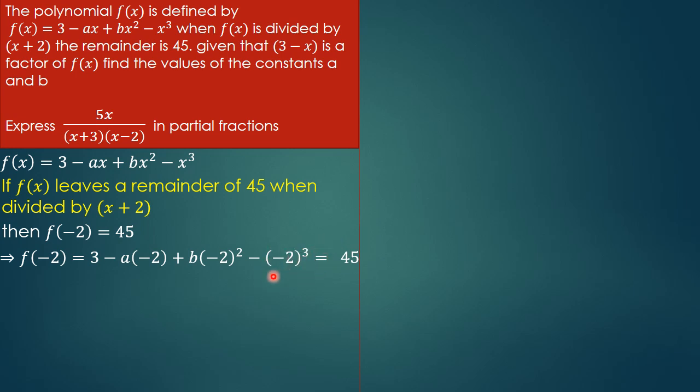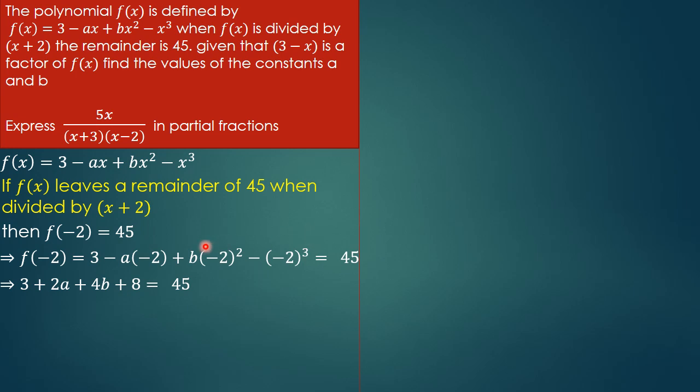If we simplify further, we are going to have 3 plus, now if we take negative a and multiply by negative 2, negative times negative gives us positive. That's why we have 2a plus, now negative 2 squared is 4, so that's why we have 4b. Then negative 2 cubed is negative 8, but there is a negative in front, which turns out to be positive 8, that is equal to 45.